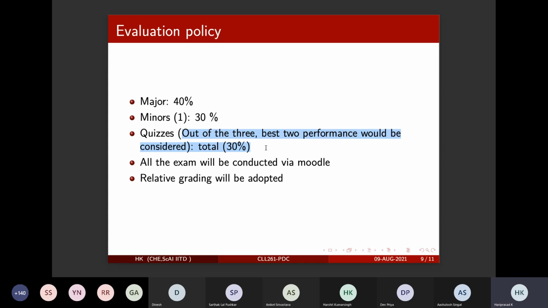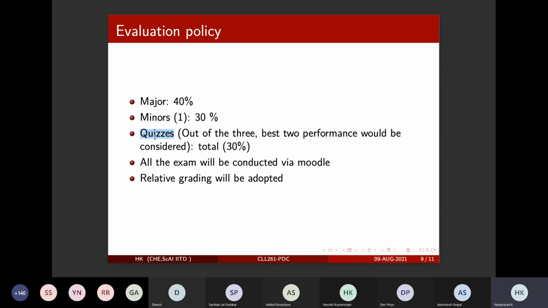You would have a way to compensate, either if you miss one, or if you feel you could have performed more. All of this could be addressed. The quiz dates we'll announce fairly well in advance, at least 7 to 10 days before.